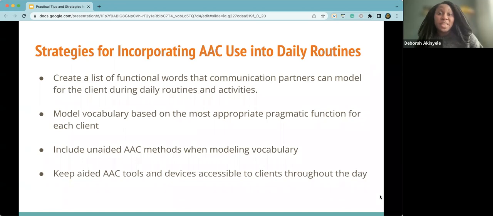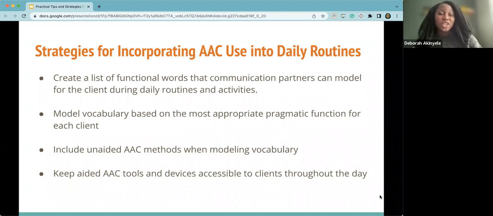And one of the things that we can incorporate into this idea of providing access is being able to really reinforce for the client that this is something that belongs to them. This is their talker. This is not just something that is restricted to a particular time of the day, but it's really theirs to use for their needs.